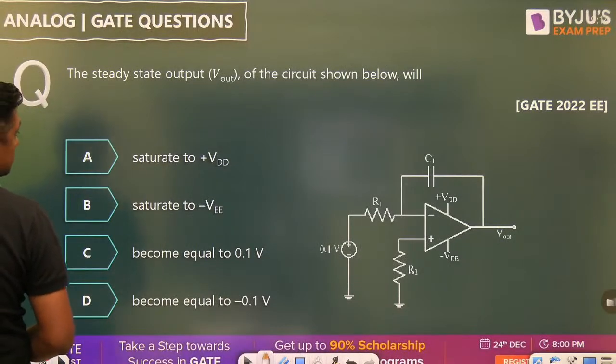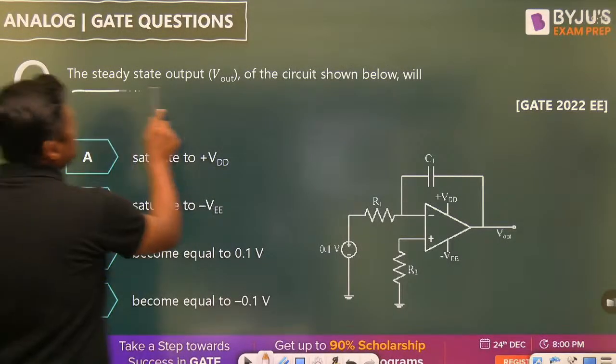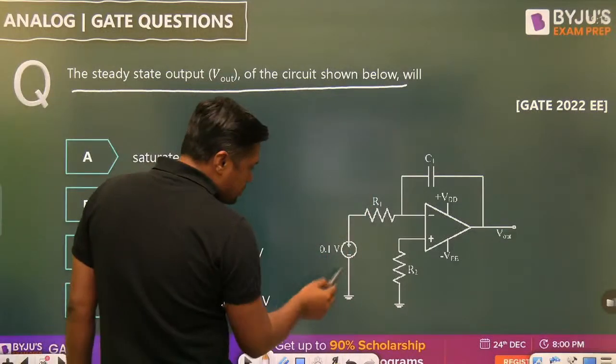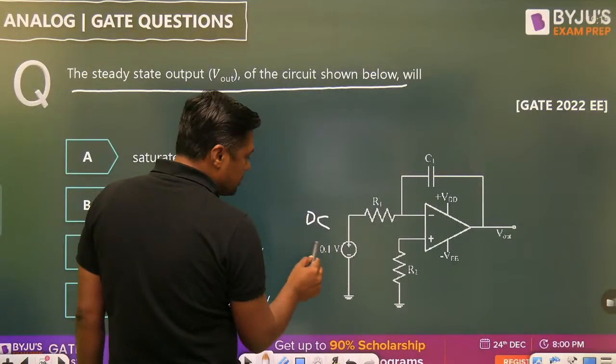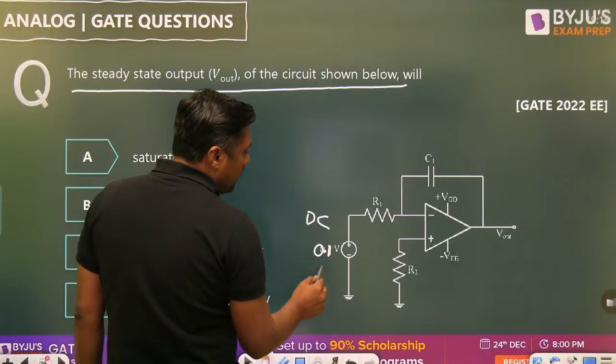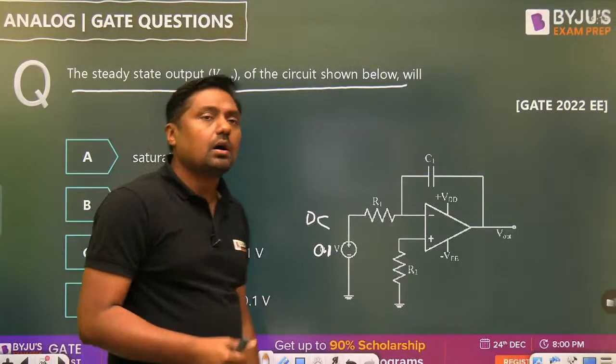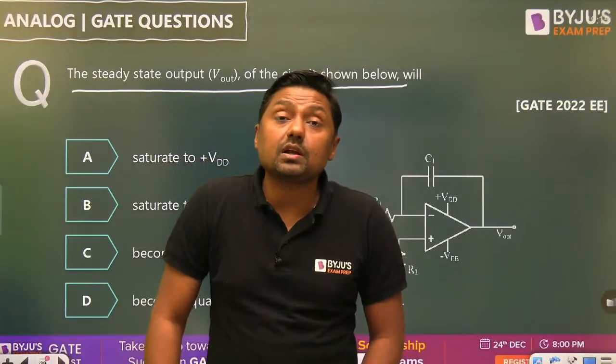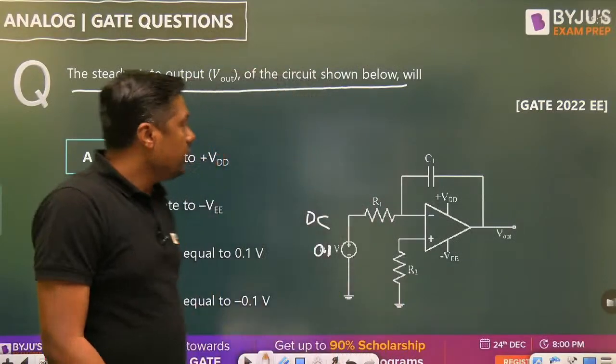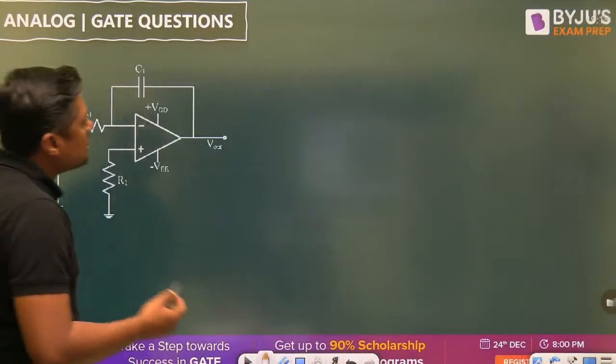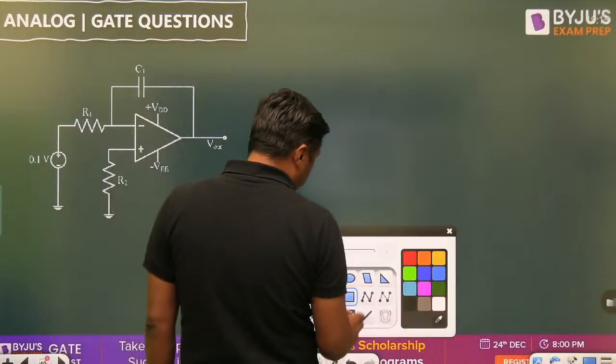Instrumentation branch, now if the steady state output is asked, what about this voltage? This is the DC voltage. 0.1 volt is DC. So for any DC voltage under steady state condition, capacitor acts as what? Open circuit. Very simple.